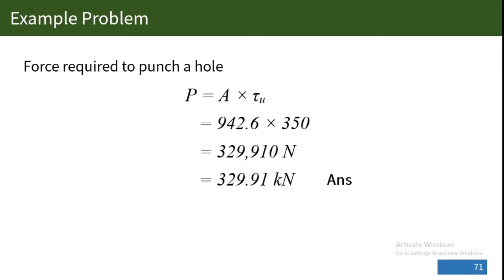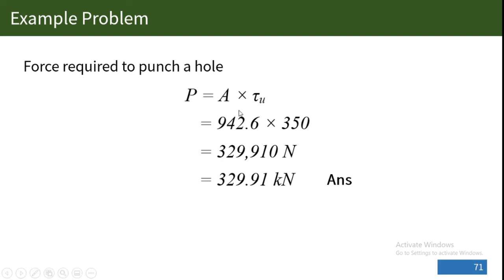Thus, if we multiply these two values, the answer is in Newton. Please be mindful of the consistency of units. If possible, preserve the units when solving these problems so you don't forget or mix up the units. Okay? So let's continue solving this.